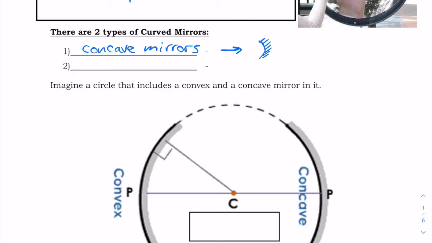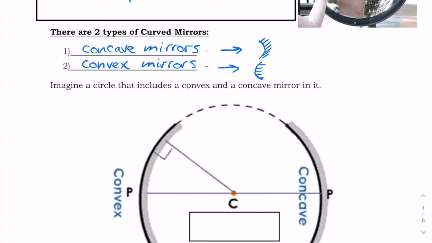The second type are what are known as convex mirrors. And once again, if we have light coming in from left to right, convex mirrors bend away from the light, like this. So the shiny or the reflective part would be on the left, and the opaque part would be on the right.